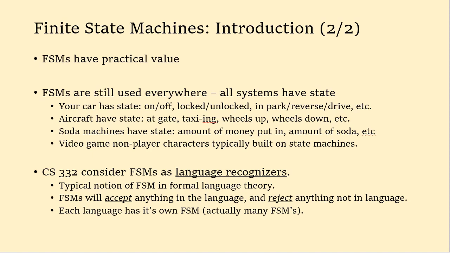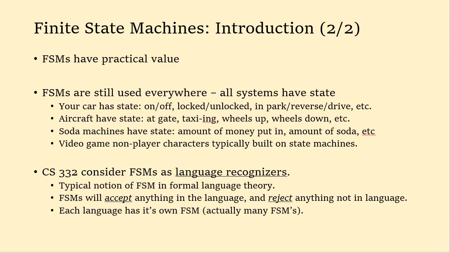The theoretical aspect that we're going to consider a finite state machine is, since we're talking about formal languages, as language recognizers. We've already discussed what a language is. We've already discussed what a grammar is. So we can say, okay, a language is a set of strings. A grammar is a set of production rules that produces those strings. Now we're going to say a finite state machine is a mathematical device that will recognize those strings.